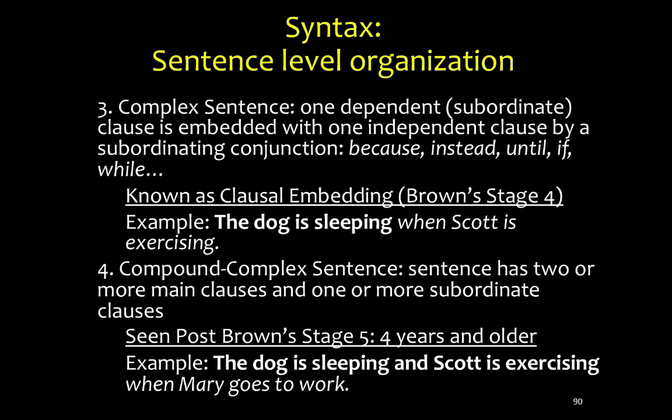Then there is a complex sentence, and this sentence contains at least one dependent or subordinate clause that cannot stand alone, which is embedded with one independent main clause by a subordinating conjunction, such as because, instead, until, if, and while. So here the example, the dog is sleeping when Scott is exercising.